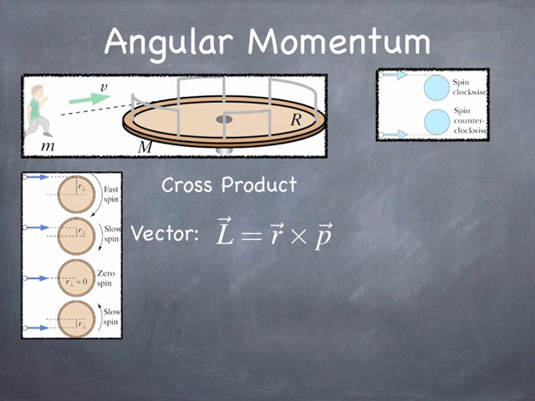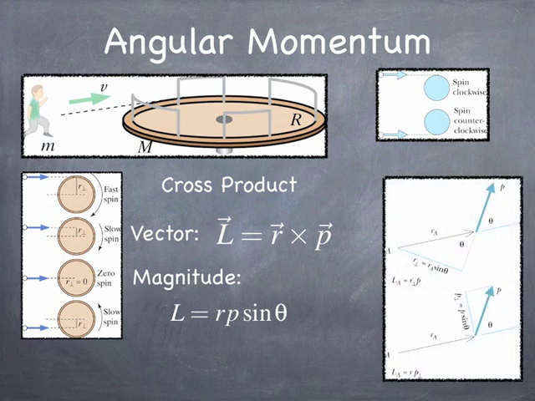You can guess, based on the diagram, that probably the angular momentum has something to do with the perpendicular component of the r vector, where the r vector goes from the origin, the center of the merry-go-round, to the boy. So, in fact, it turns out the magnitude of the angular momentum, not the direction, but the magnitude, is the magnitude of the r vector times the magnitude of the p vector times the sine of the angle between the two.